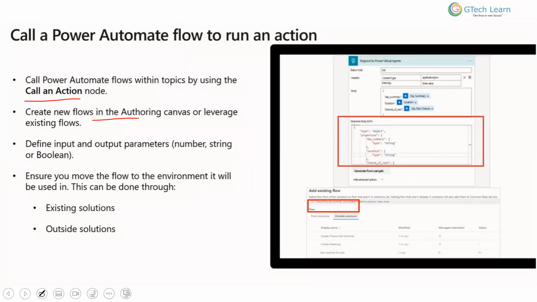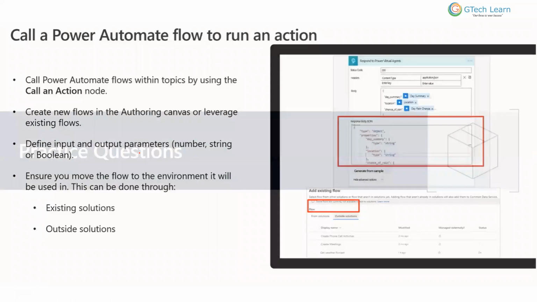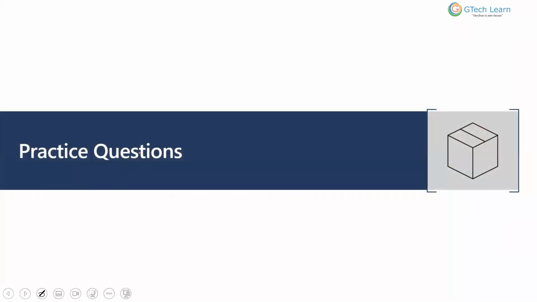Then we need to select the existing flows, or we can also go for creating a new flow. We can define some input and output parameters for it. And once that is done, the flow will be triggered whenever the user reaches that place. And accordingly, the answers will be displayed to the respective users. So that is what we have in this section of Power Virtual Agent itself.